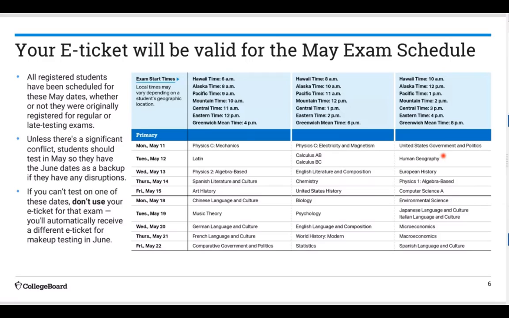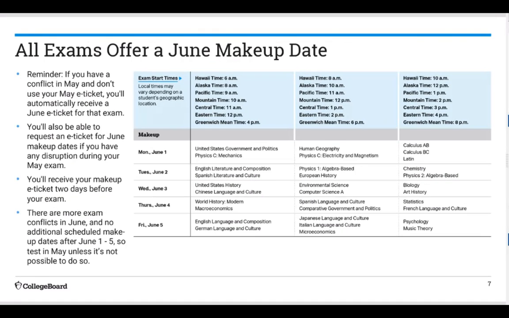If you're in Hawaii, let's say you're in Hawaii for some reason, you take the exam at 10 a.m. If you're in Alaska, you take it at noon, that kind of thing. So everybody's going to take it at the same time, but since there are time zones, it'll be a different time for everyone. So you just want to keep that in mind.